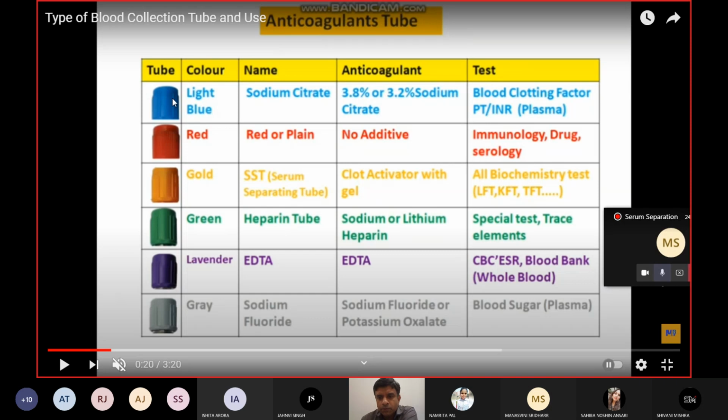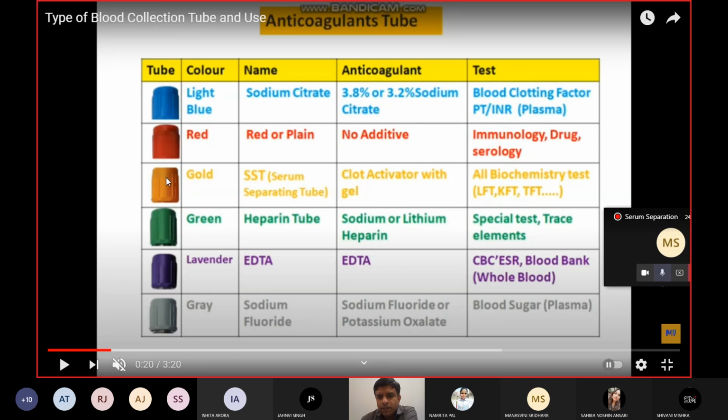Now suppose there are some serology based tests or immunology tests to be conducted. Your blood will be added in the red tube, which is not containing anything. It's a plain vial, so there is no additive in this tube.